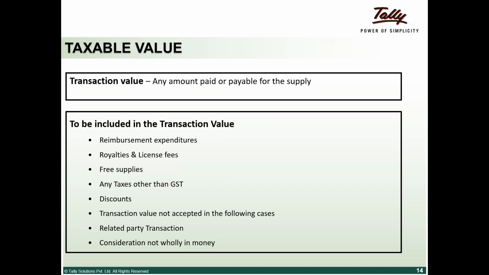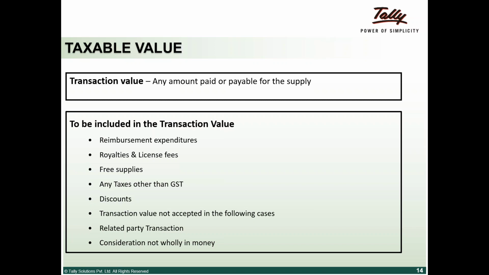For example, I give 10 for buying 10, you get another 2 extra. You will need to pay tax on the other 2 also. Any other taxes, for example, some local body taxes, will also form a part of the taxable value.